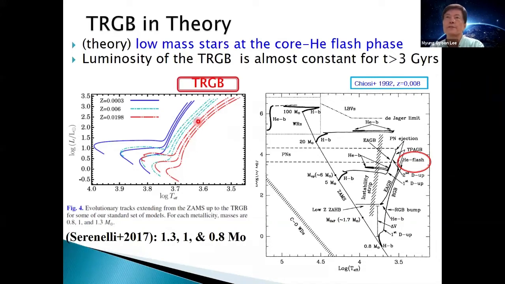The brightest part of the RGB shows almost similar luminosities. So in terms of stellar evolution theory, we know how the TRGB is produced and what stage it corresponds to. So you understand the TRGB both in observations as well as in theory.